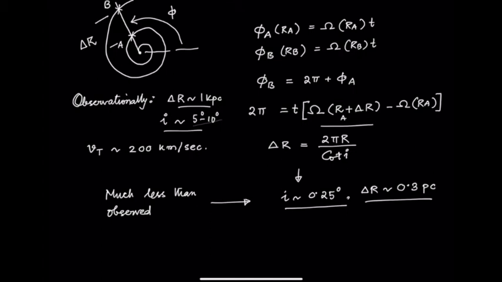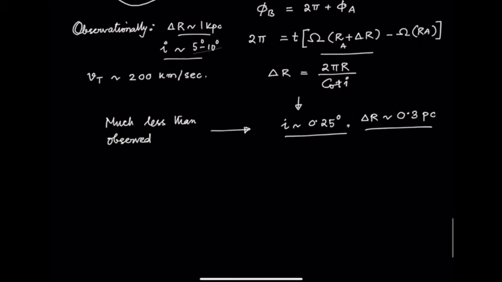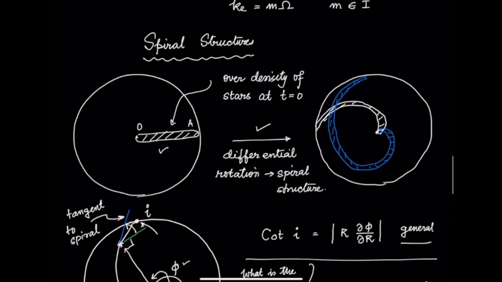Having said that, now we will discuss the theory which explains the spiral structure quite well. This theory is called the density wave theory. In the previous theory, we saw that an overdensity is developed, and then the overdensity, because of differential rotation, goes to different positions.